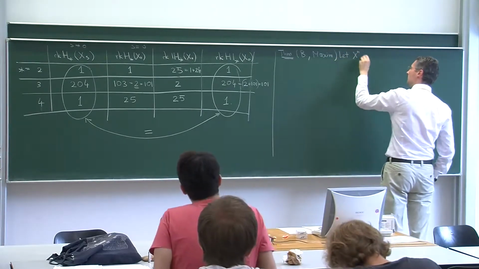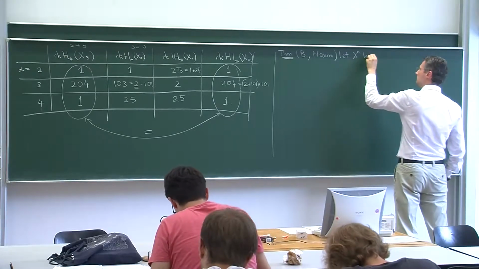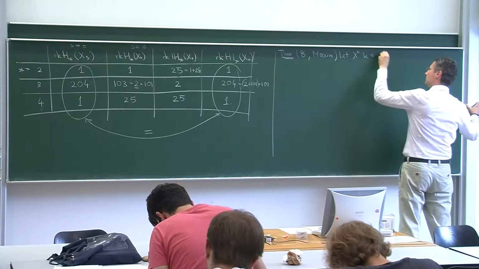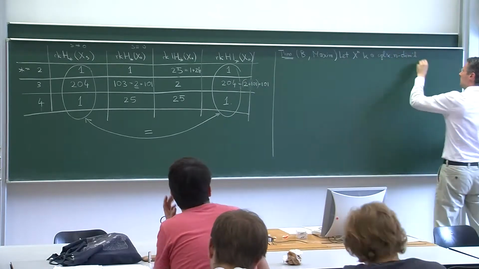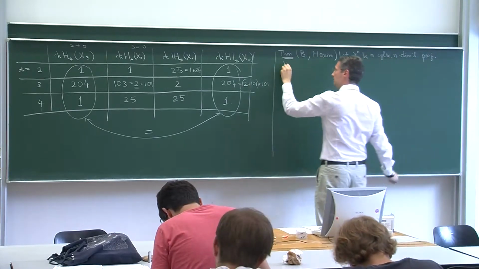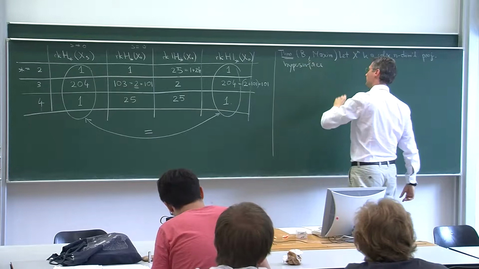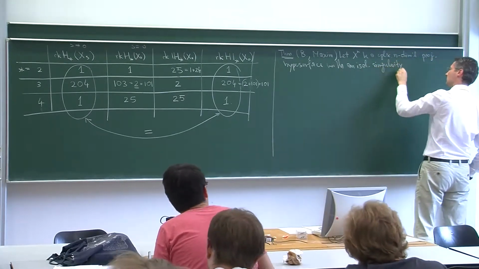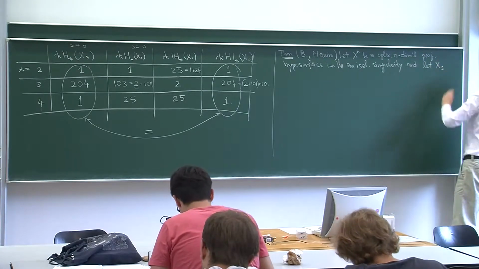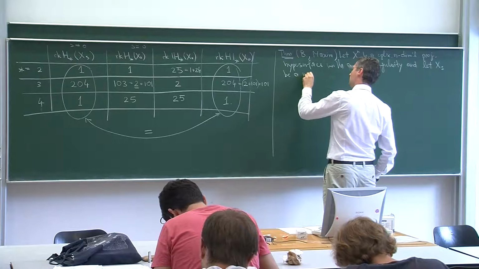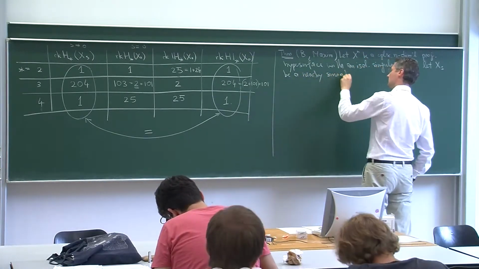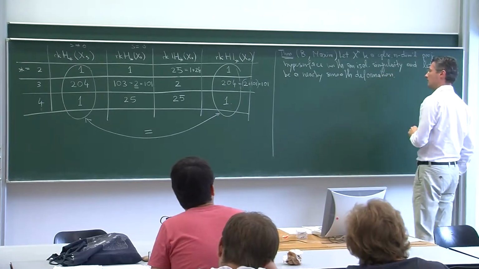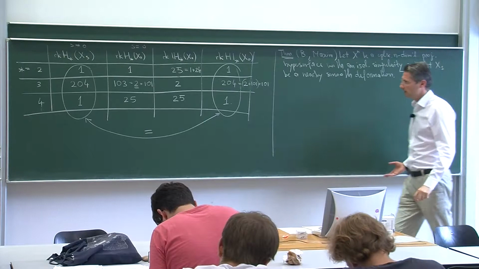Let x, and you should think of this x as the x0, be a complex n-dimensional projective hypersurface with an isolated singularity, and let xs be a nearby smooth deformation, as in all these examples that we've discussed. Then you can in general say the following.